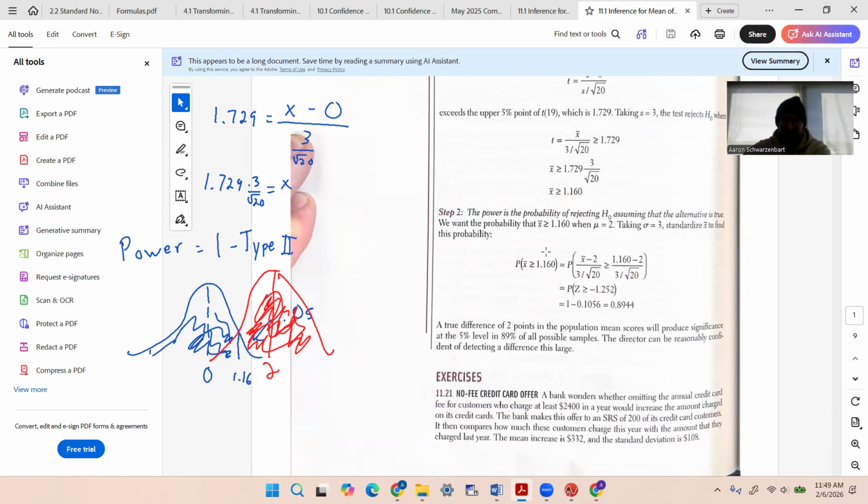So we're looking at the probability that X bar is greater than this. And we will actually use a Z-chart for this, or we'll use our Z distribution. So I'm going to do Z equals X, in this case 1.16.